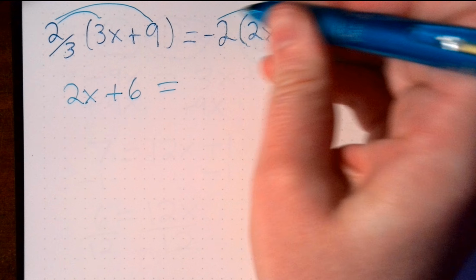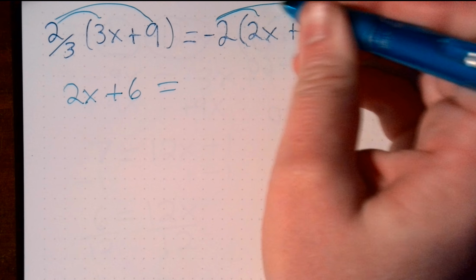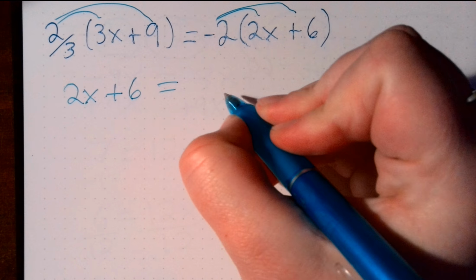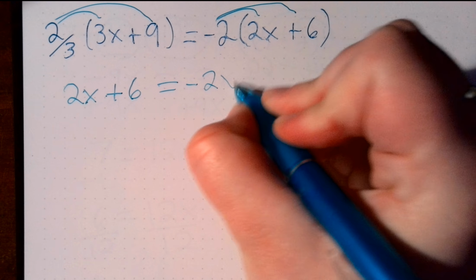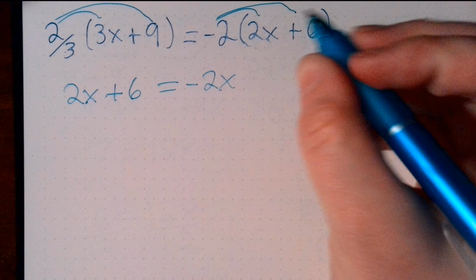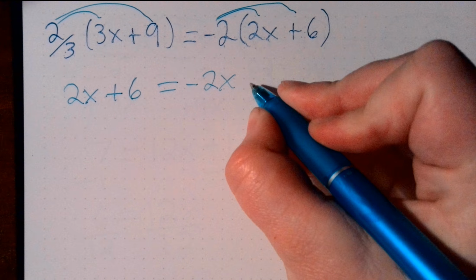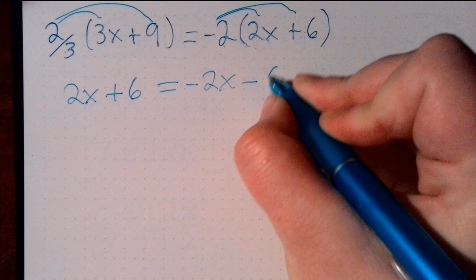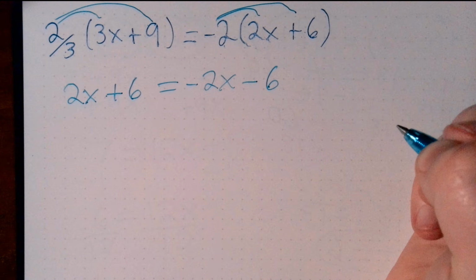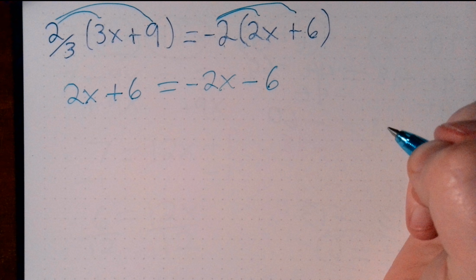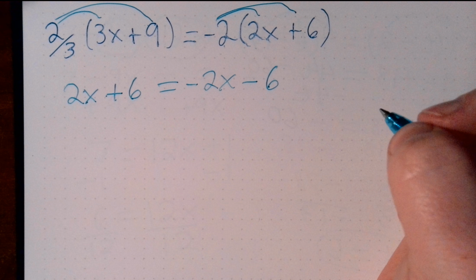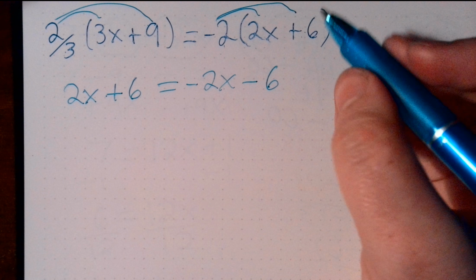So now we're going to take negative 2 times 2x and negative 2 times 6. Negative 2 times 2x is negative 4x. And negative 2 times 6 is a negative 12. So in the last video I told you, you need to get your variable on the same side.